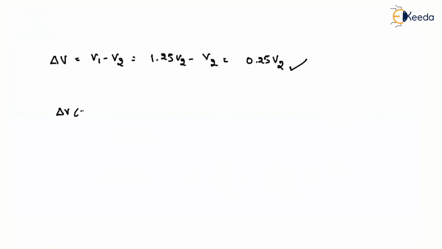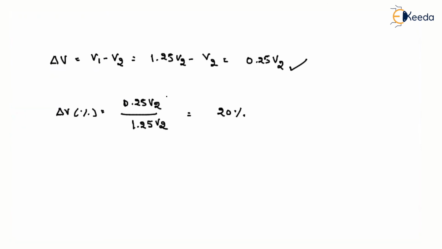So what is the change in volume percentage? That will be equal to the change in volume to the original volume. What is the change in volume? 0.25 V2. What is the original volume? V1, and we are expressing V1 in terms of V2, that is 1.25 V2. So if we solve this, we will get around 20%.